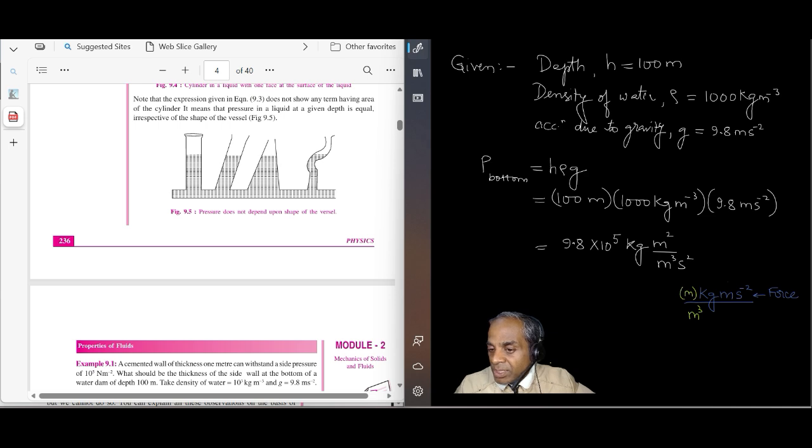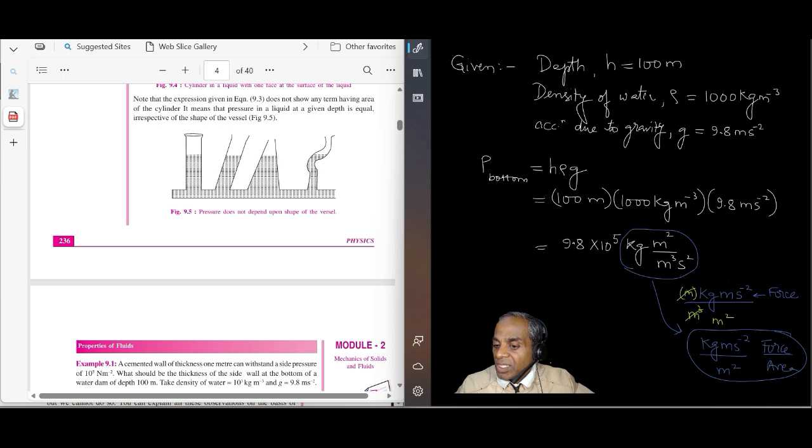Now meter upon meter cube will be meter square. So the unit is kg meter per second square divided by meter square, which is nothing but the unit of pressure, force per area. So this and this are the same units.